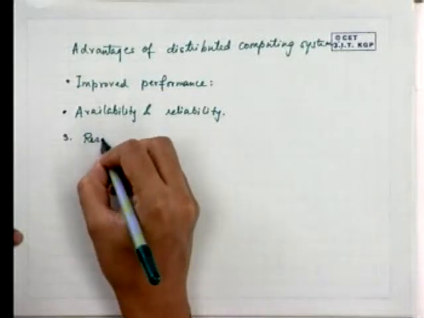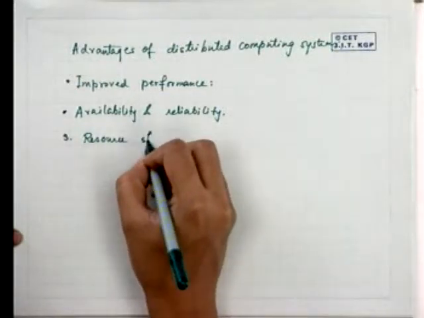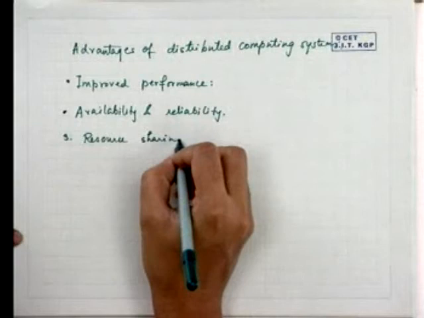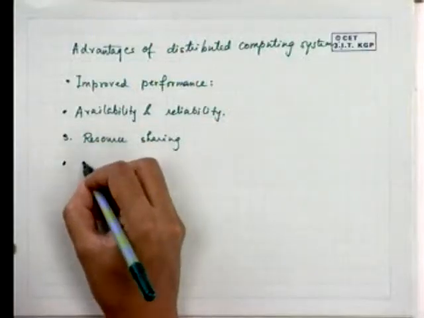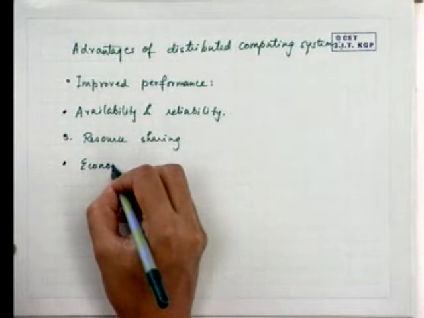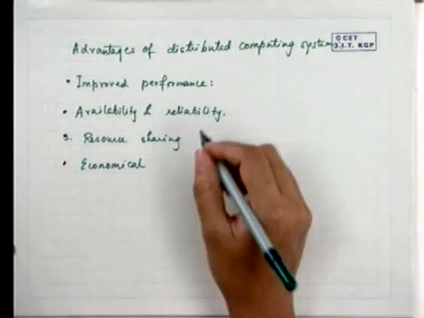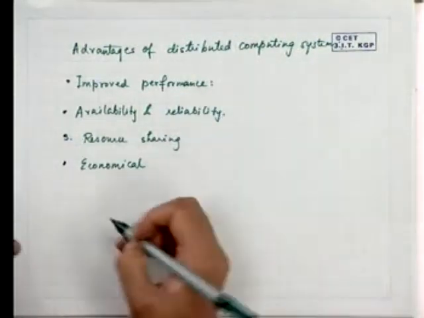Thirdly, resource sharing can be practiced. If we have one single resource, for example a printer, that printer can be shared by different client systems. So this is an example of resource sharing. Fourthly, it is economical to have a distributed system because of all these reasons.